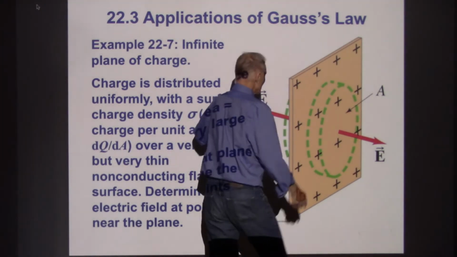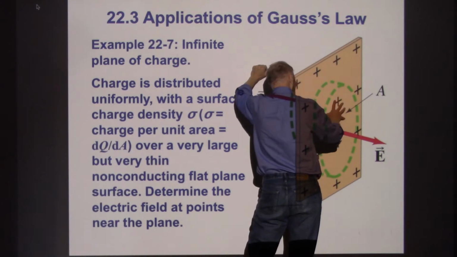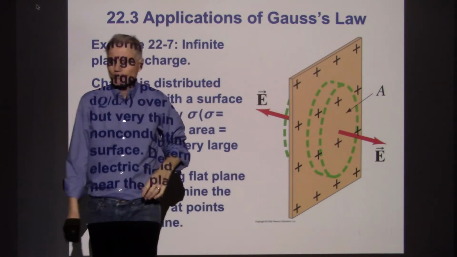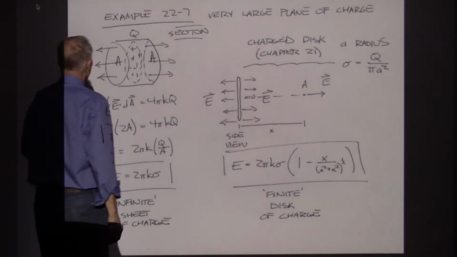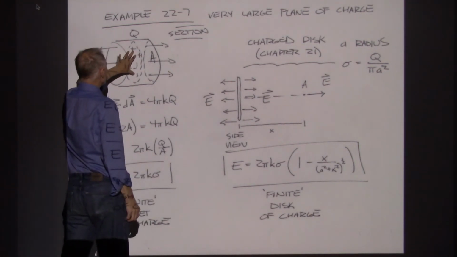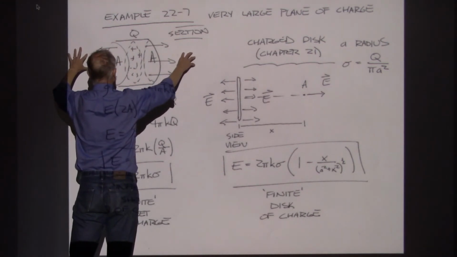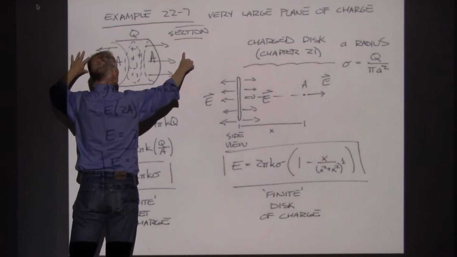And the way it works is this. Let's take a circular region, and let's call that area A. For that circular region, we're going to consider the electric field. So I've got electric fields out here.